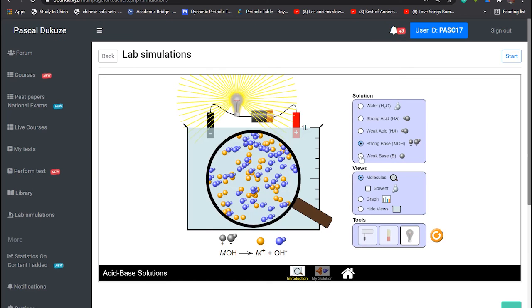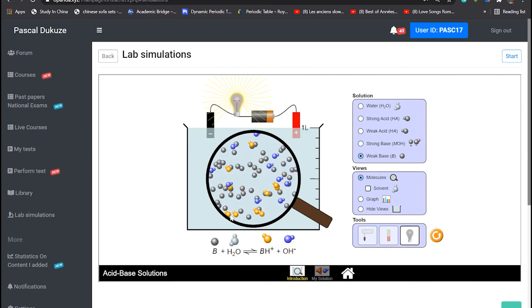With a weak base, this is what happens. You can see we have the base here, and this is water molecules, and here we have the dissociated species. The base, you can see it is still there in the combined form. This represents the combined form.